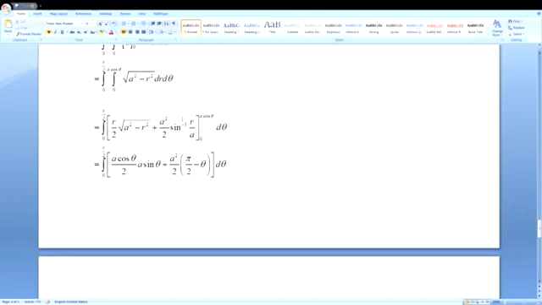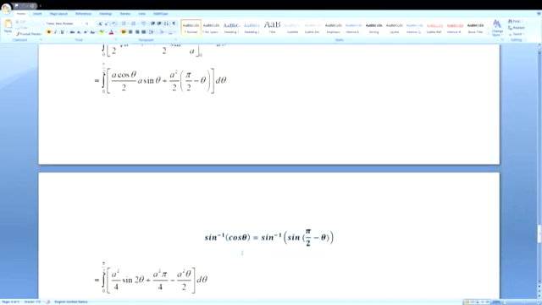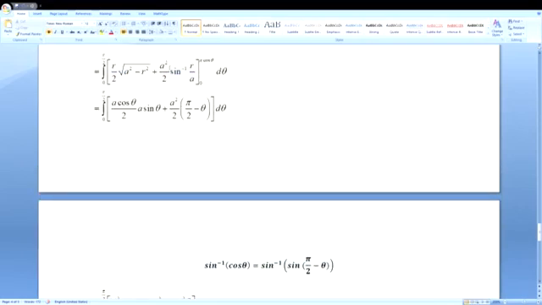So let us calculate sine inverse of cos theta. Sine inverse of a cos theta by a, so a gets cancelled. Let us write cos theta in terms of sine: that is sine of pi by 2 minus theta. Sine inverse and sine get cancelled and the value is pi by 2 minus theta.